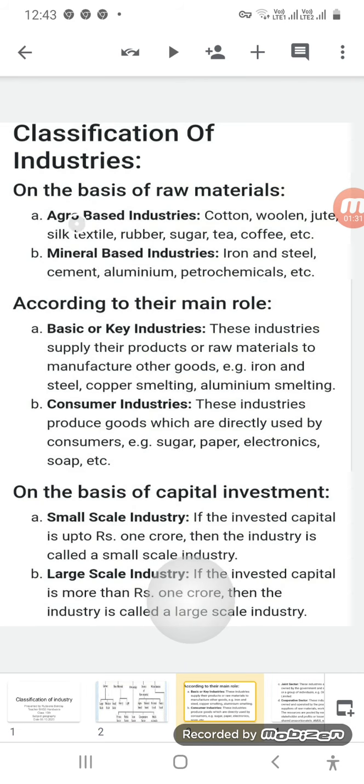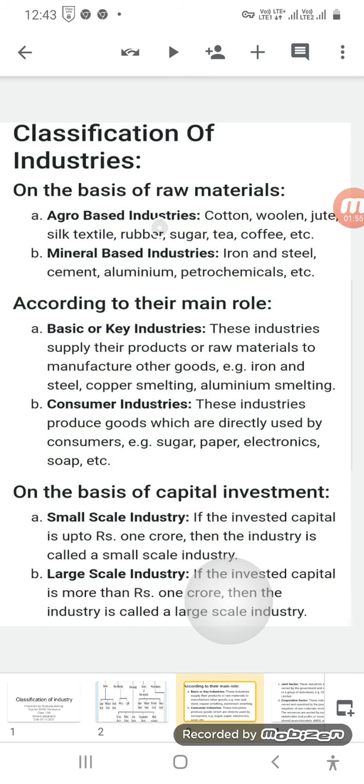On the classification on the basis of raw material, that means the thing from which the products are manufactured in the industry, we have two types. We have agro based industry and mineral based industry, that we discuss in that very figure.